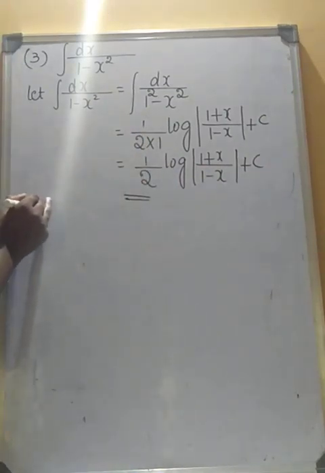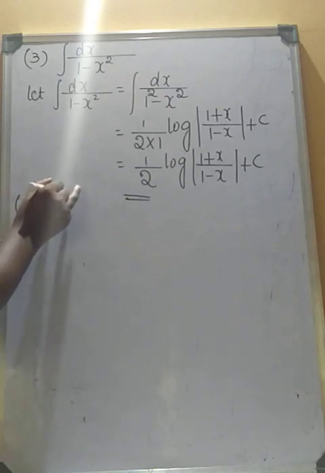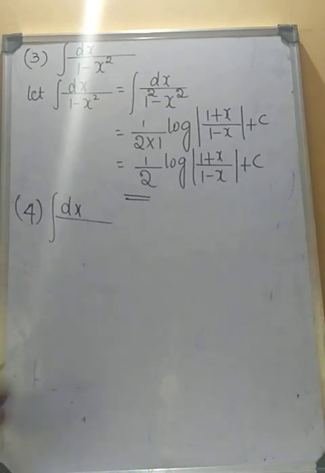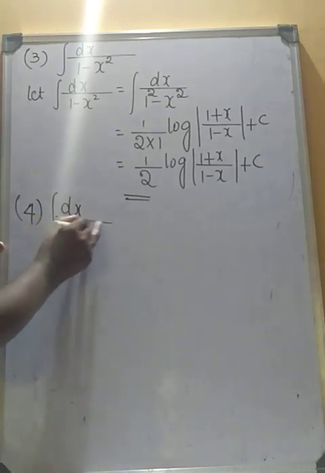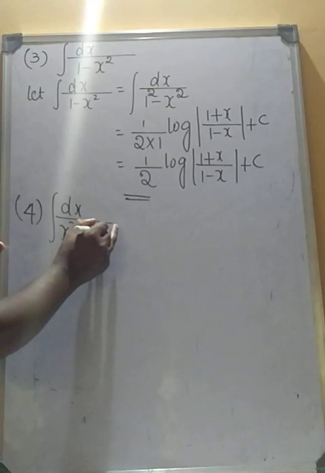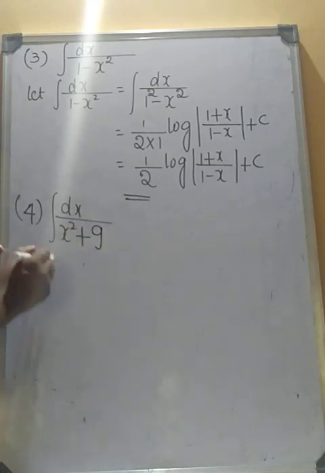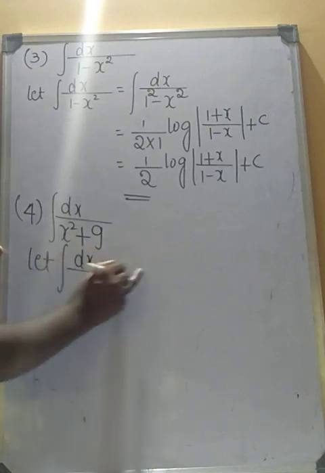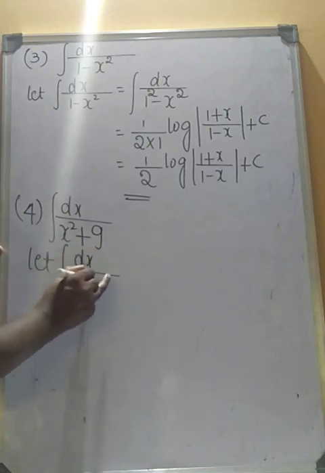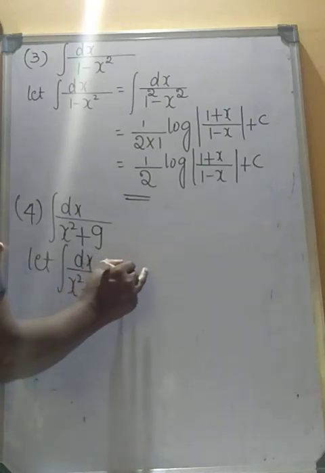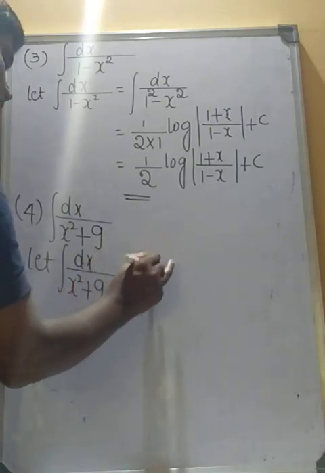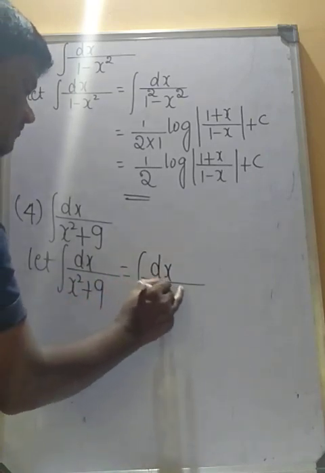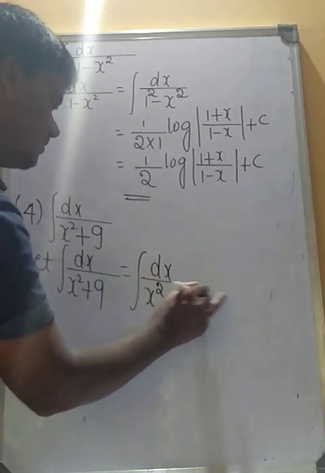The next example: find the integral of dx dividing by x square plus 9. So let the integral of dx dividing by x square plus 9 be equal to the integral of dx dividing by x square plus 3 square, since 9 can be written as 3 square.